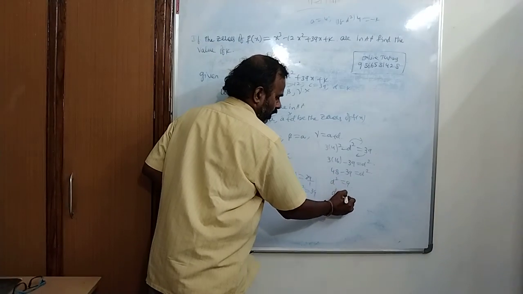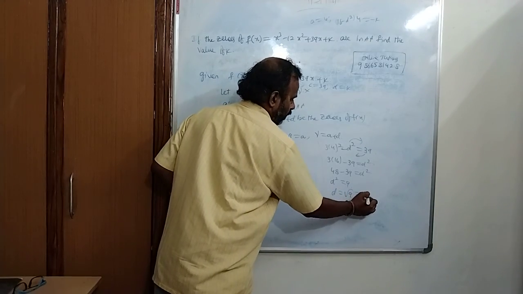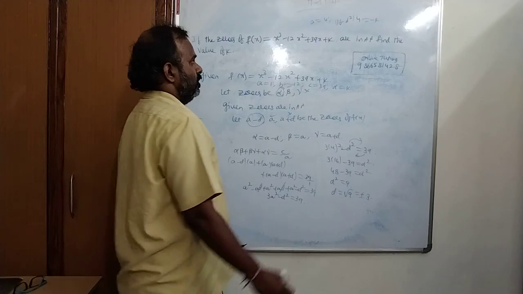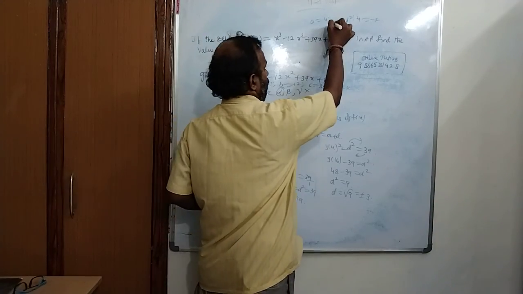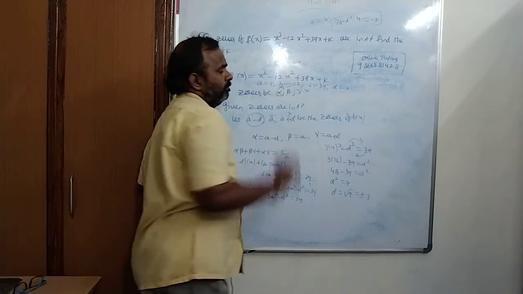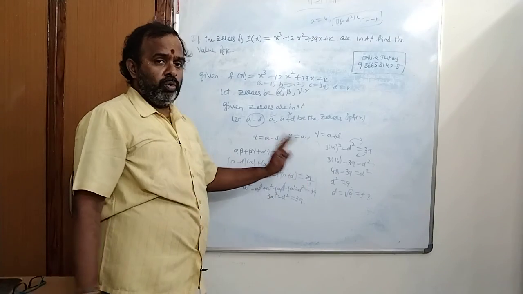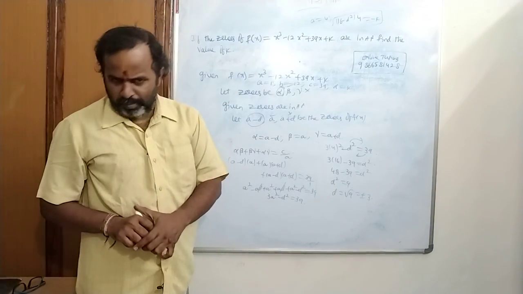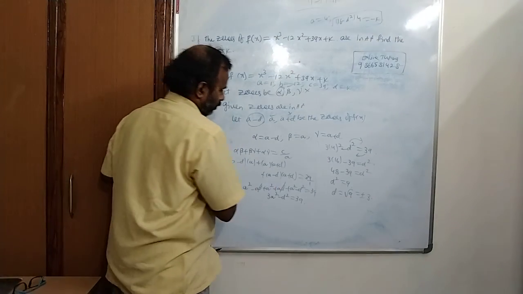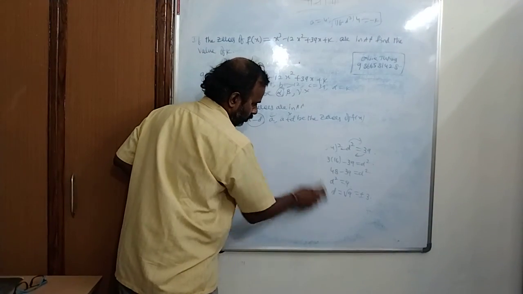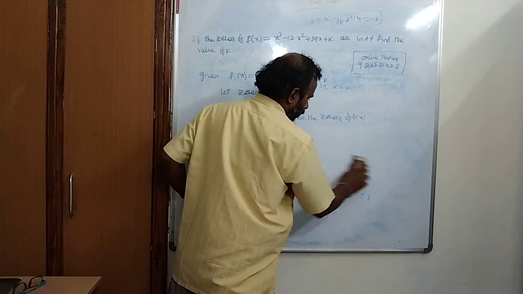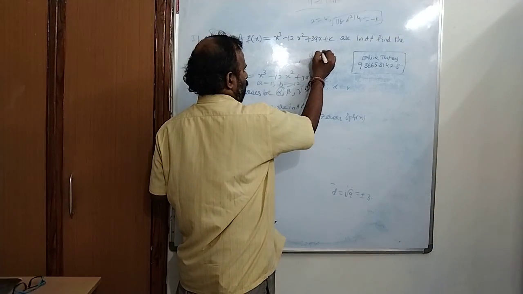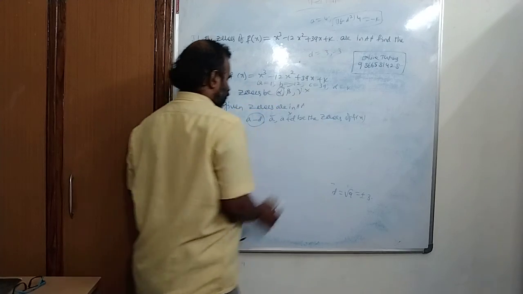So d is equals to square root of 9, that is plus or minus 3. That means now we have to take this equation. In that you have to substitute two values of d, one is plus 3 and the other one is minus 3. So d is equals to 3 and minus 3.